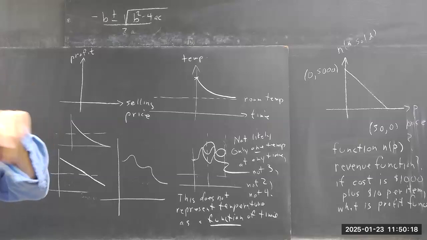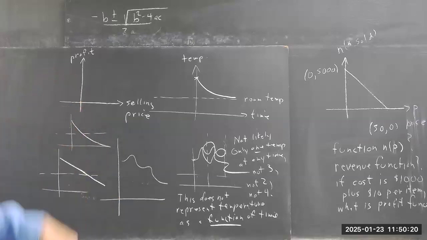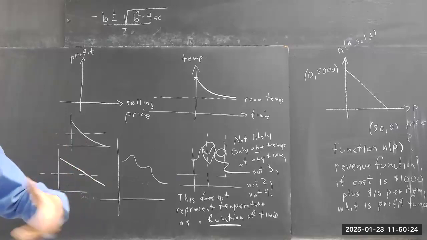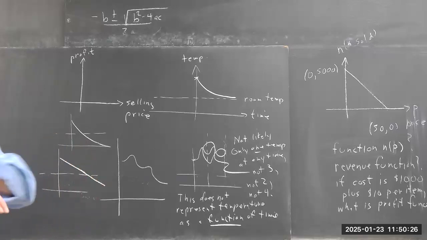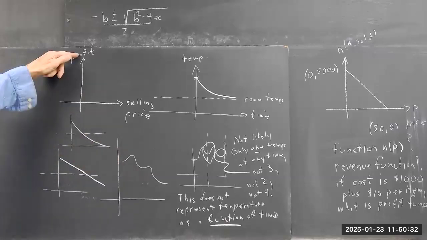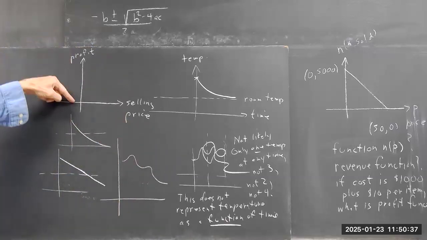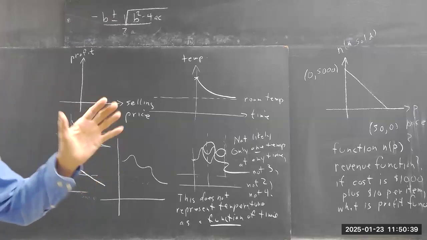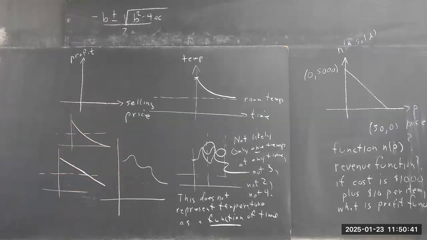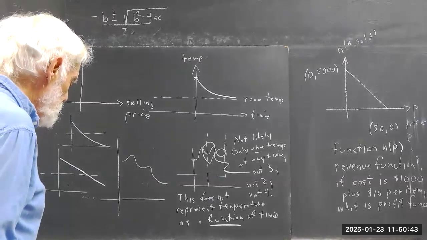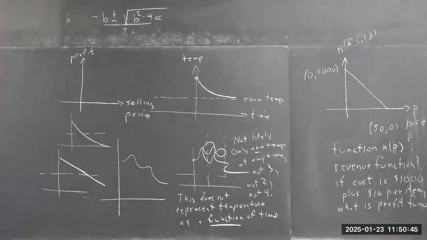If you charge too much, nobody's going to buy them and you're not going to make any profit. Matter of fact, you're going to lose money because it costs money to make the things and have them available and market them. So if you charge too much, your profit is going to go into the negative numbers, because of course positive is up here and negative is down here. If you don't charge enough, you're going to lose money.